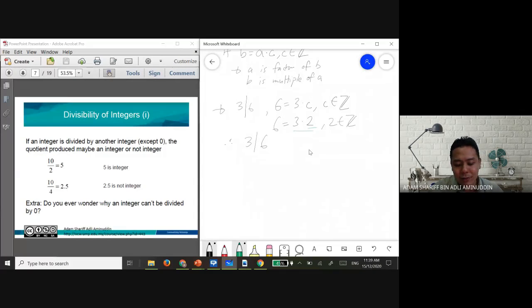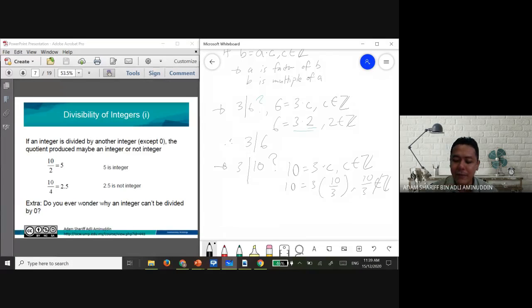Now let's try to determine the question. Is 3 a factor of 10? If it is a factor of 10, then 10 can be made as 3 times C, where C is an integer. 10 equals 3 times 10 over 3, and this 10 over 3 is not an integer.